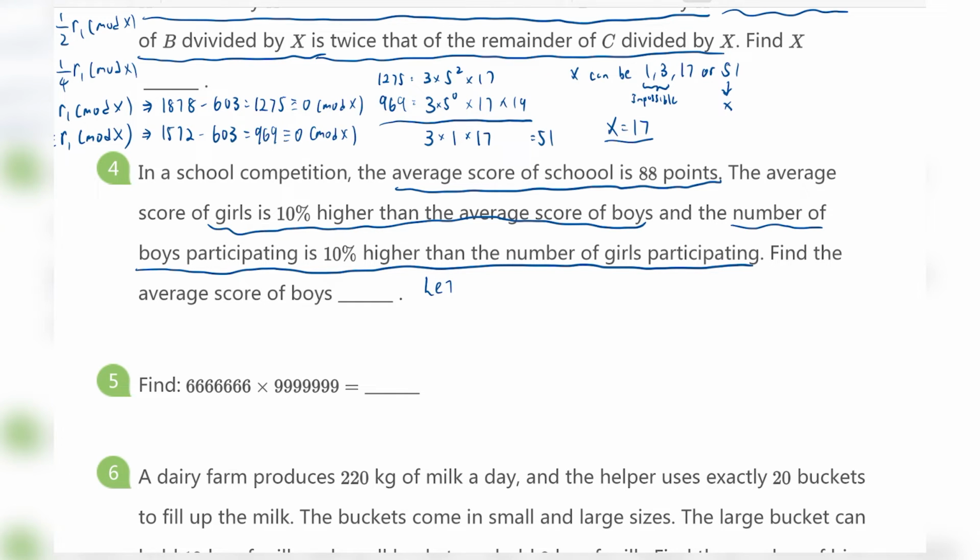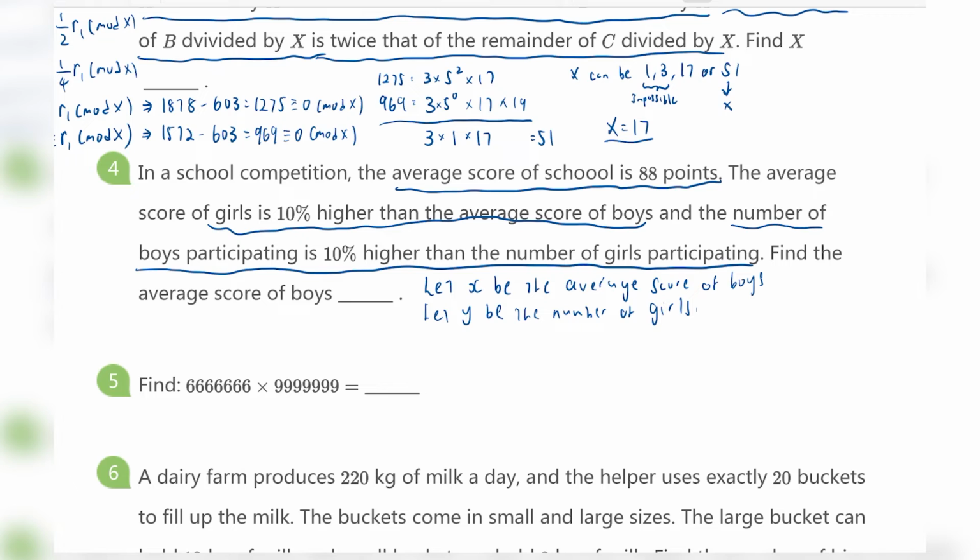Let X be the average score of boys. Alright, and then we can let Y be the number of girls.